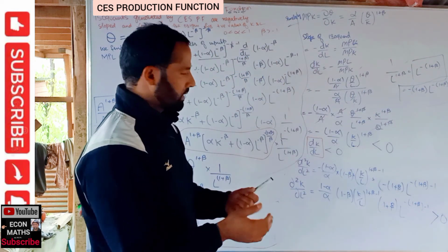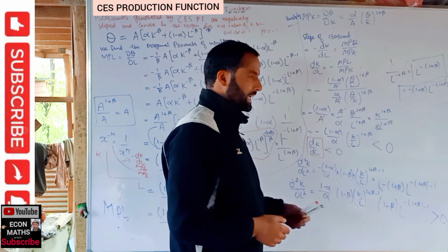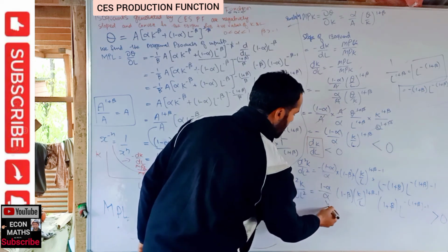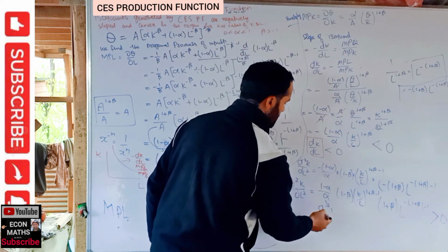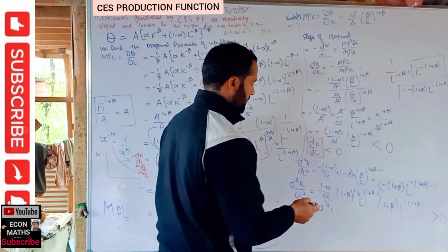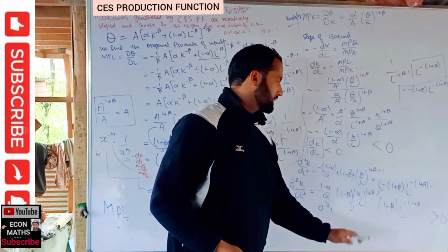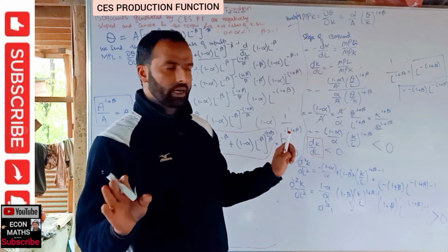This will definitely come out to be greater than 0, because the value of alpha lies between 0 and 1, excluding 0 and 1 themselves, and beta is greater than minus 1.